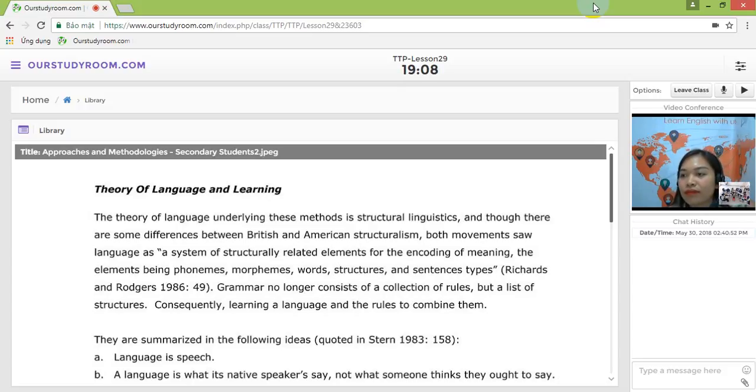We teach language so that the learners are able to speak and use language, not study about the form or the way to form language. I understand, but it's difficult for me to explain.